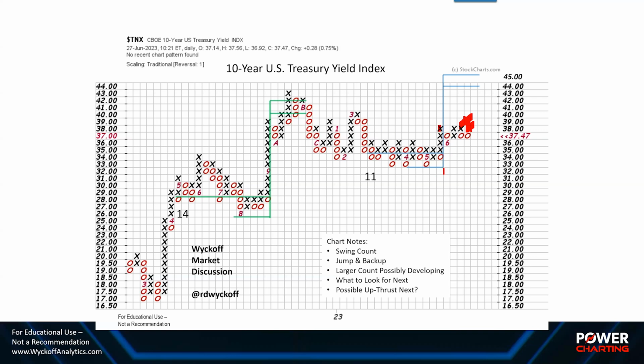We count the swing count here, takes us to 4.4 to 4.5% yield above this high that was made, and that would be potentially an upthrust. And so, excuse my penmanship, and these counts are so helpful, they're so useful. Look at this beautiful swing count here, 14 columns times one box reversal, and the scale here is 1, but you have to move the decimal point over, but for calculation you just multiply by 1.